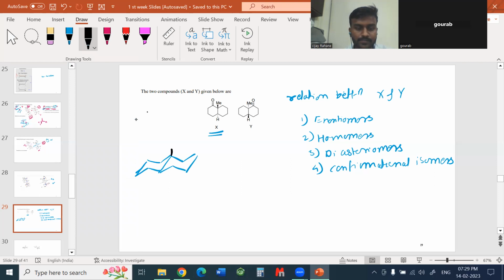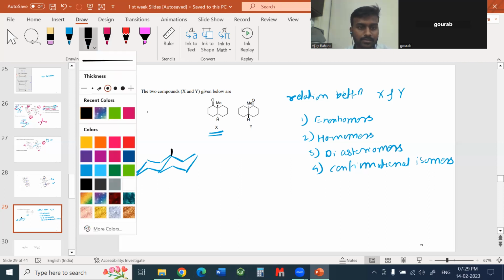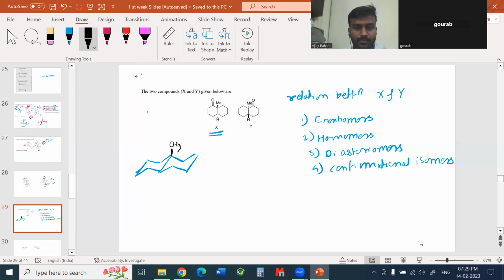So this bridging, just small. The methyl group is on the upper side, and the hydrogen atom is on the lower side, right? We need to consider this, since these are anti. And in addition, on the adjacent carbon there is a keto group. So here will be the keto group, right? So this one is the X molecule.